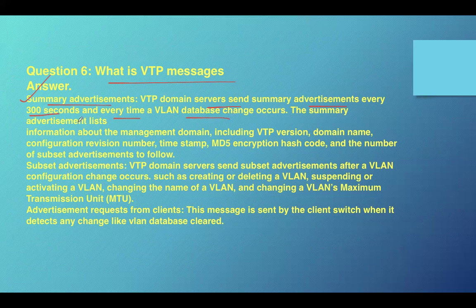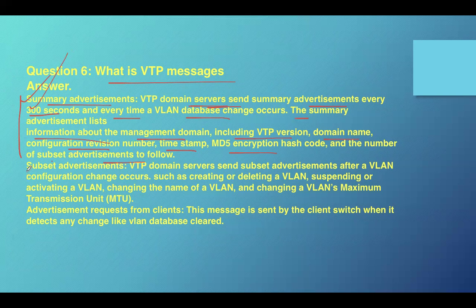The summary advertisement lists the information about the management domain, including VTP version, domain name, configuration revision number, timestamp, MD5 encryption hash code, and then the number of subset advertisements to follow. So that is the summary advertisement, which is sent by the server every 5 minutes.